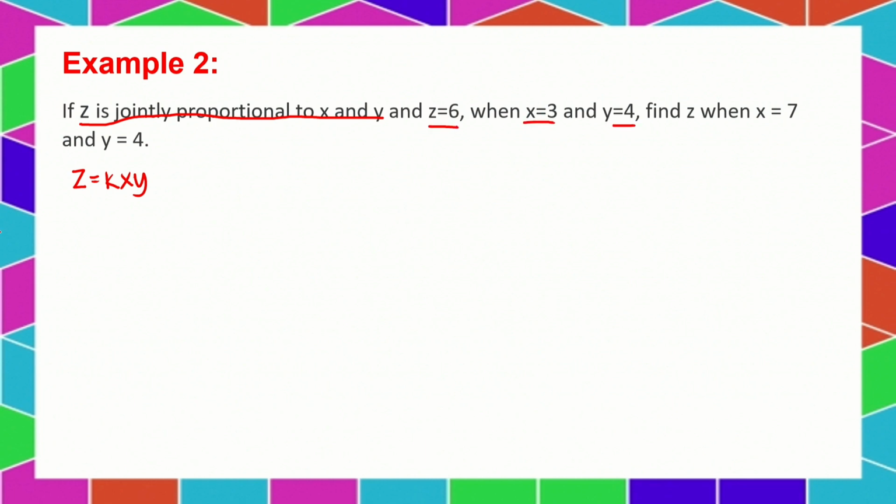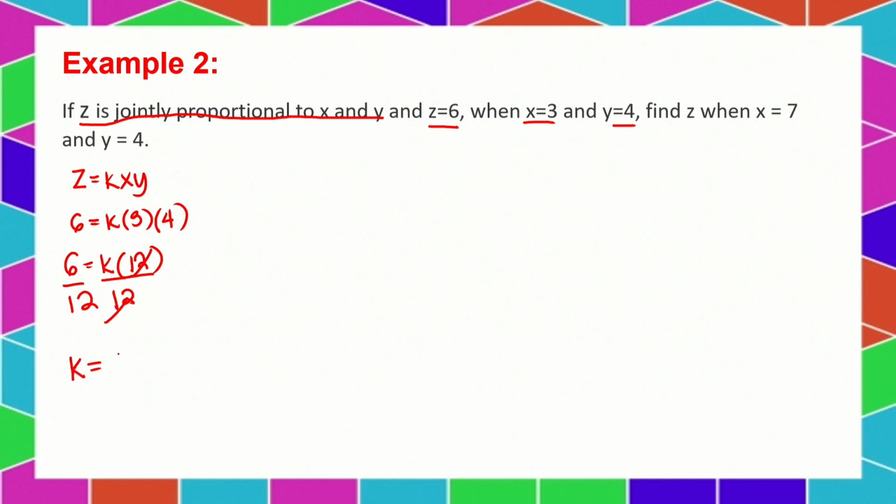We have z is equal to 6 is equal to k multiplied by our x, which is 3, and y is equal to 4. So to solve for k, we multiply this part. That's 6 is equal to k times 3 times 4, which is 12. Then divide both sides of the equation by 12 to solve for k.